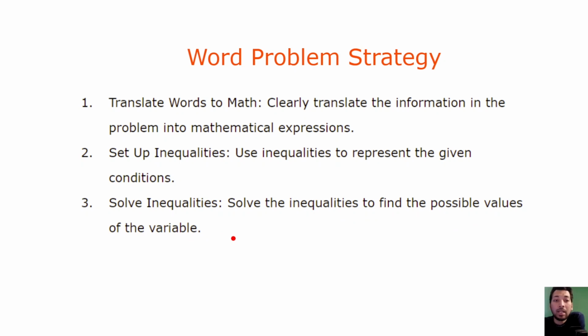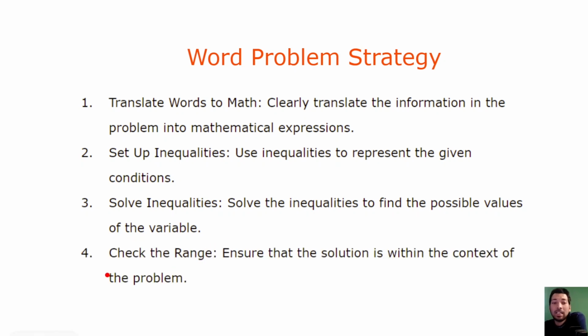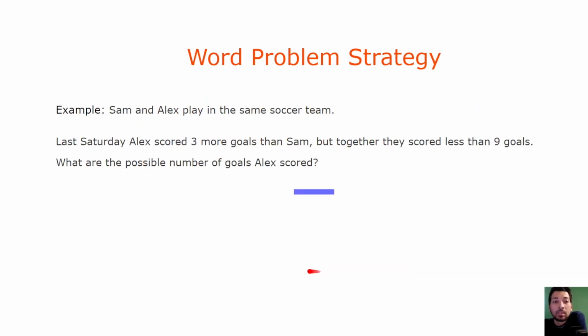Sometimes you may not need to solve for the variable unless it's specified in the problem. Sometimes the problem can ask you to just write the expression instead of solving, so keep that in mind. The last part is to check the range to make sure that the solution is within the context of the problem.